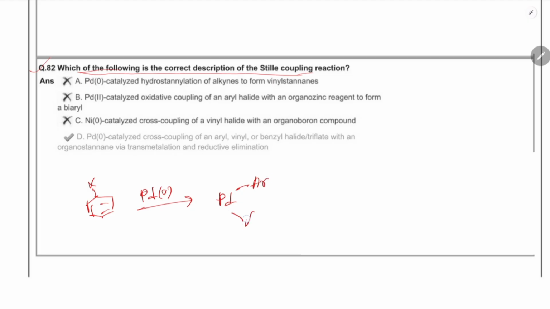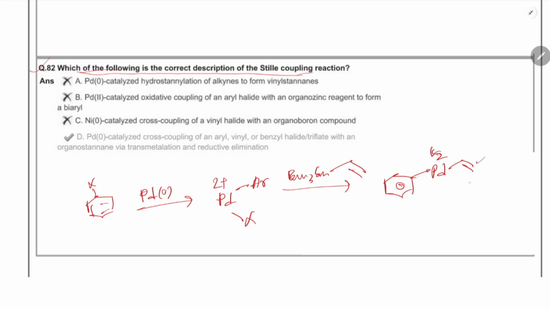This is the aryl group and this is the X group, and palladium is in 2+ state. Now Bu3Sn will come and a transmetallation reaction takes place, and we get aryl palladium and the other ligand L2.